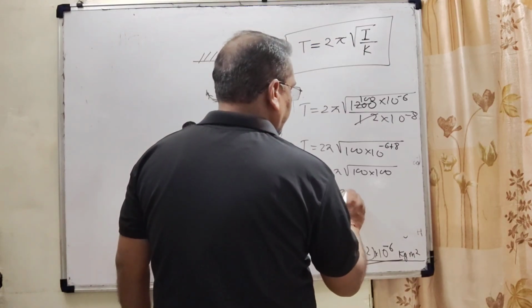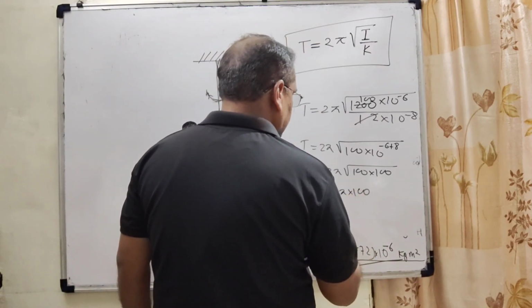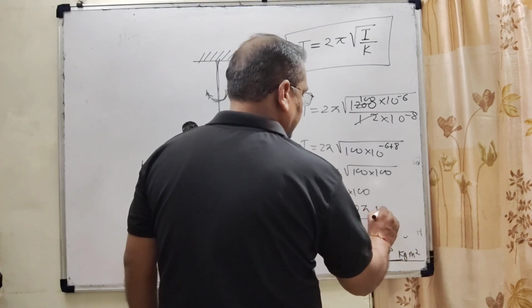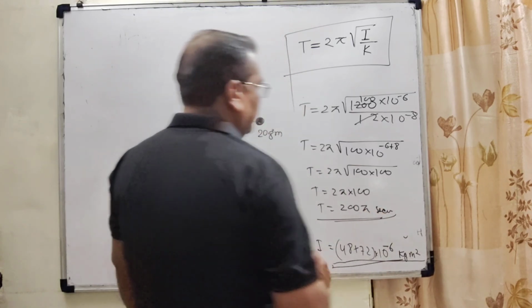Then T = 2π × 100, so 200π is the time period in seconds.